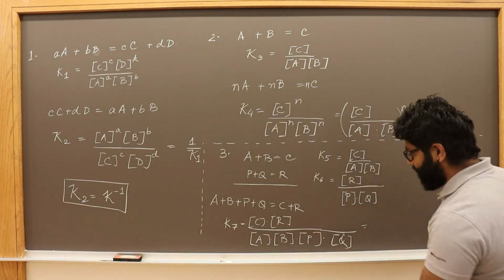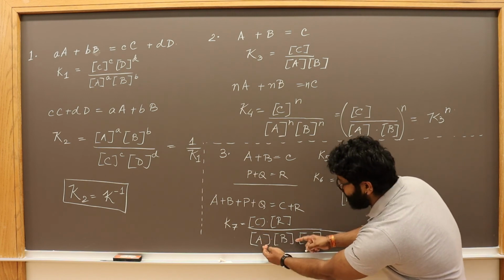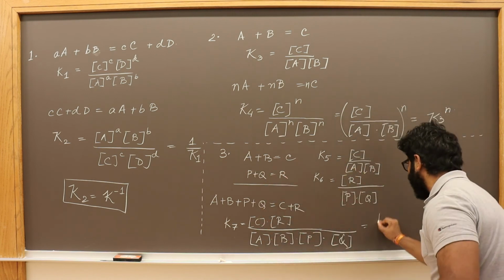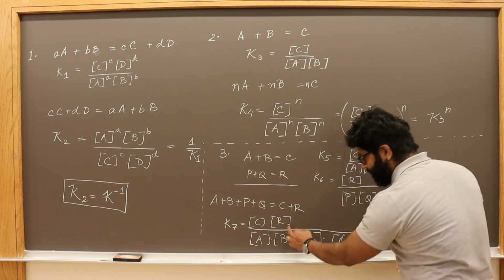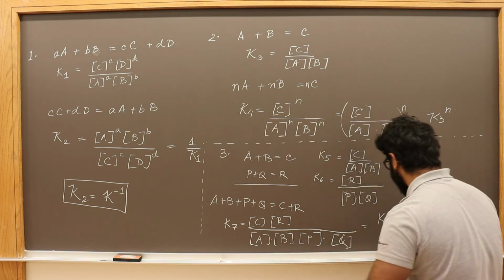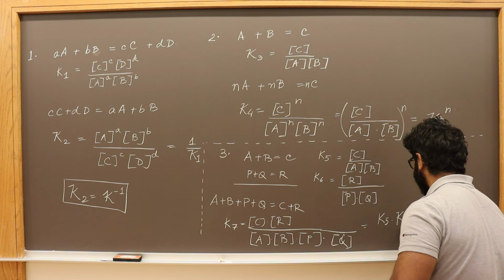C over A by B is basically K5, and R over P and Q is basically K6.